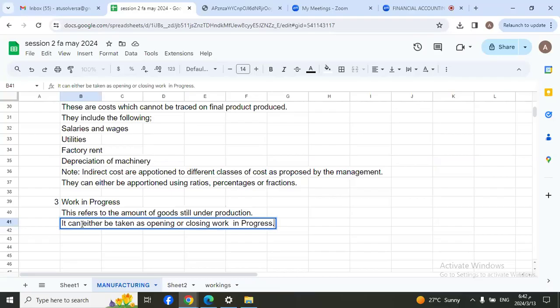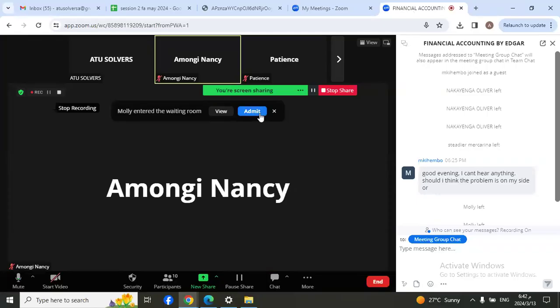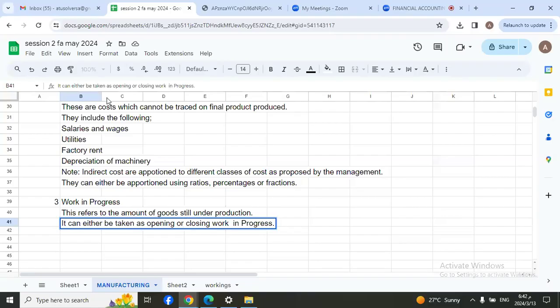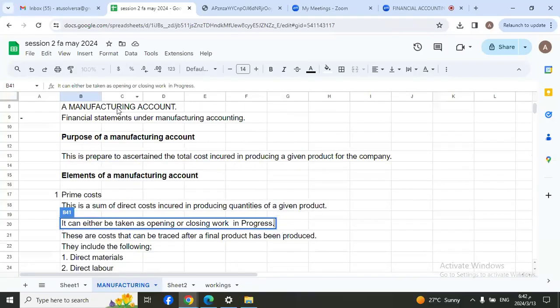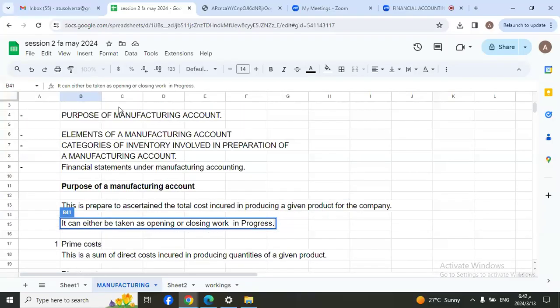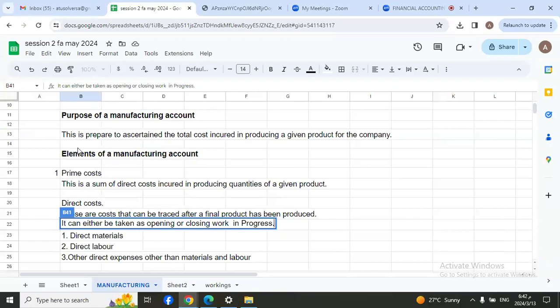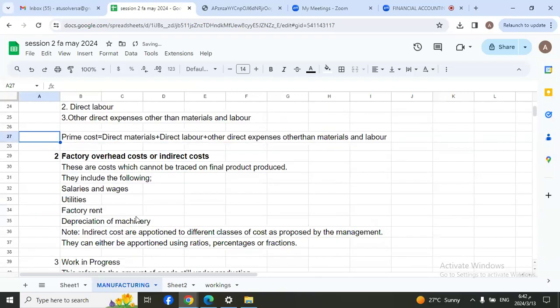So this is what we shall be looking at. You see how we have the prime costs, we are looking at different costs, and we are looking at our work in progress.